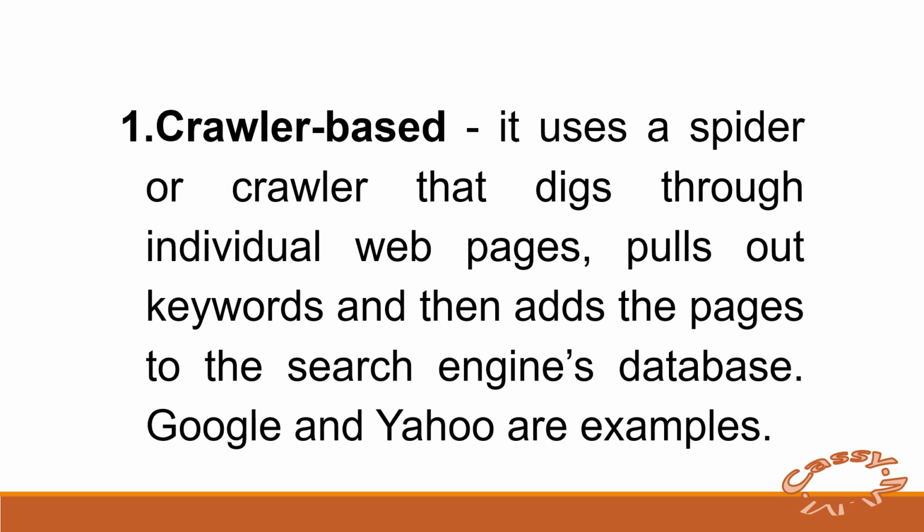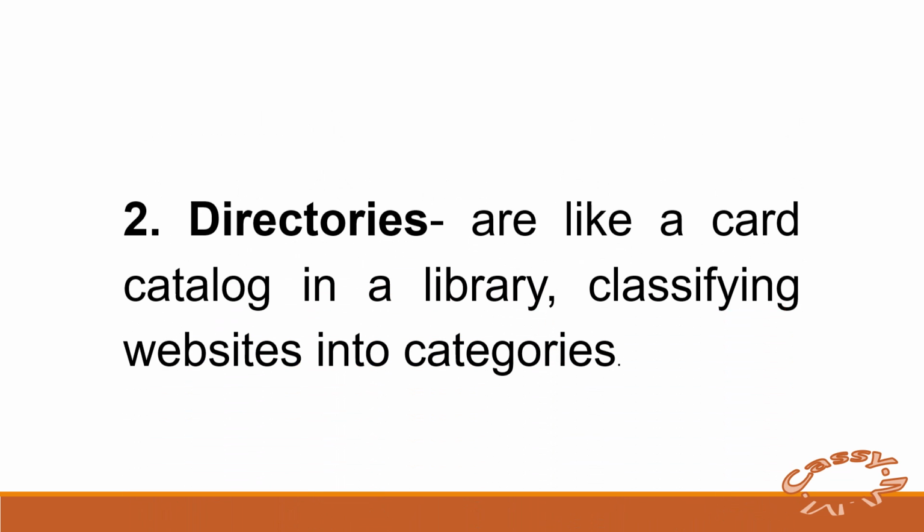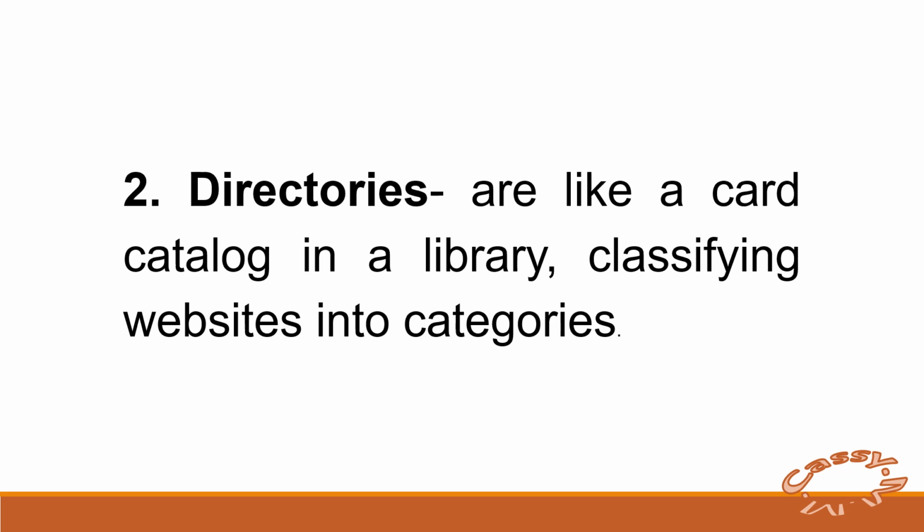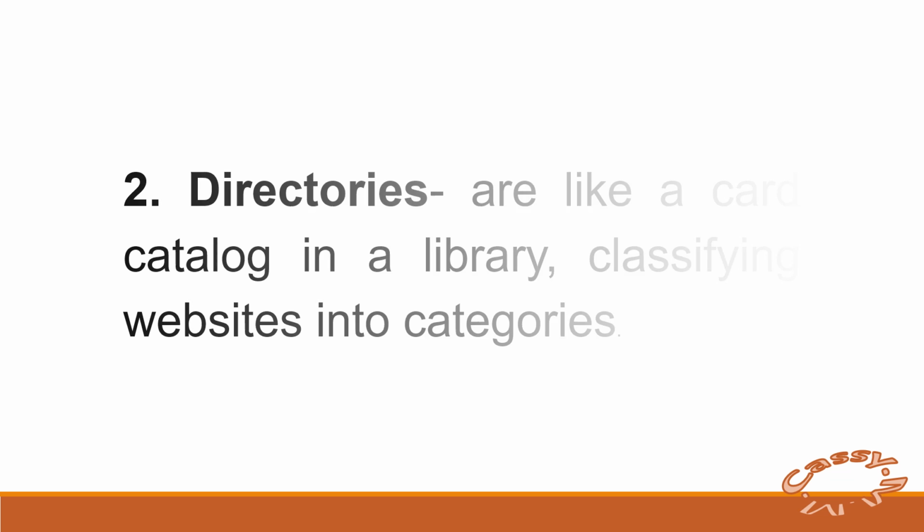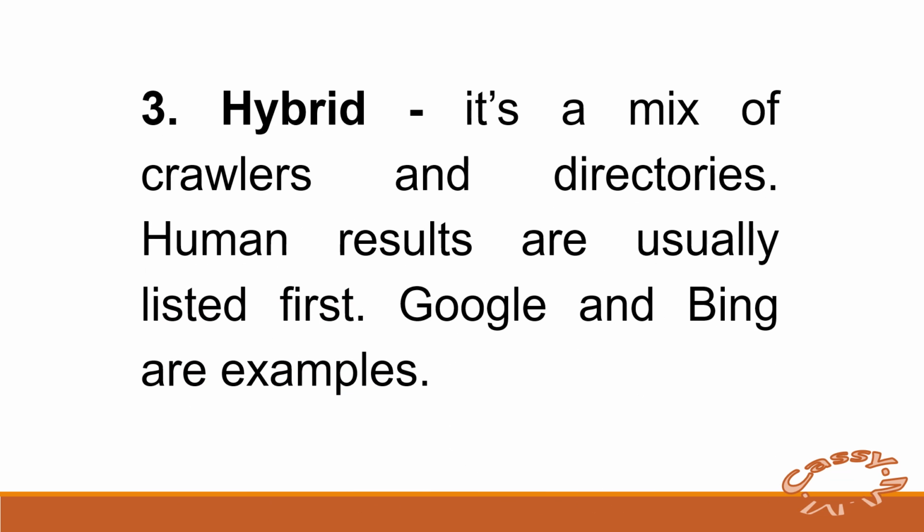Google and Yahoo are examples. 2. Directories are like a card catalog in a library, classifying websites into categories. 3. Hybrid. It's a mix of crawlers and directories. Human results are usually listed first. Google and Bing are examples.